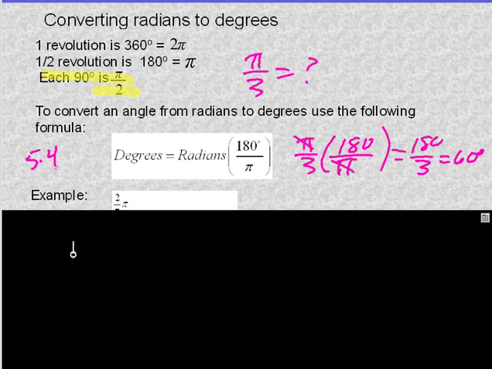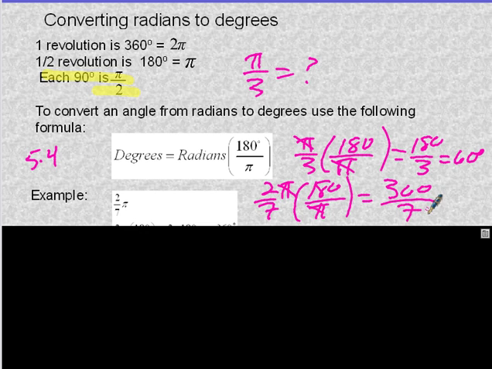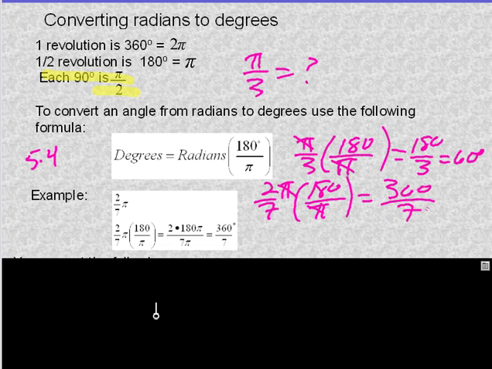All right, here's my other example. Unfortunately, it's a little bit small. 2/7 pi. I'm just going to multiply that by my conversion factor. The pi's cancel out. This is going to be 360 divided by 7.